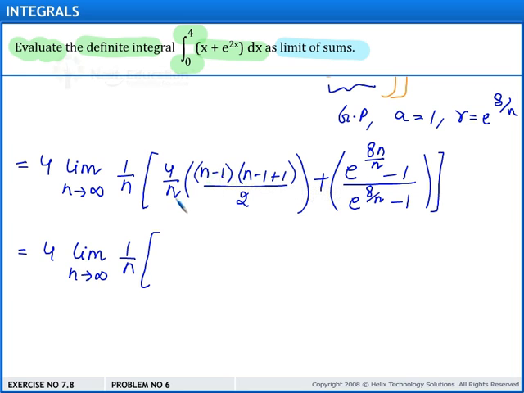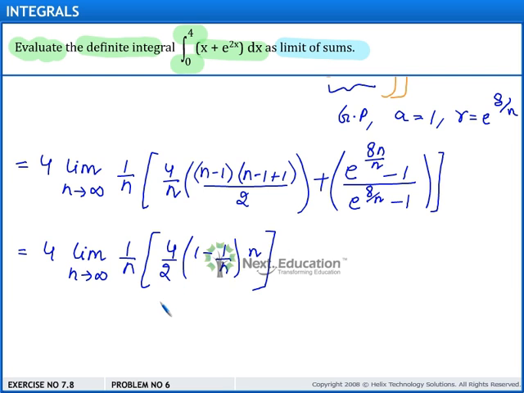Here we get 4. This is n. So we have 1 minus 1 upon n into n and 2 here. Here we have divided this n with the first bracket. So we get 1 minus 1 upon n.